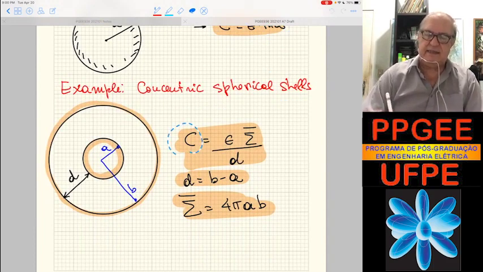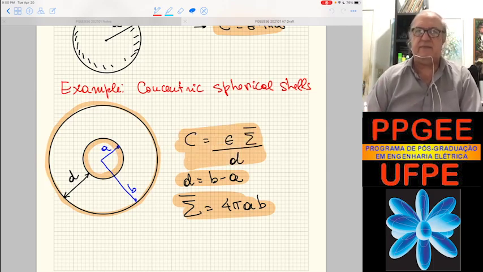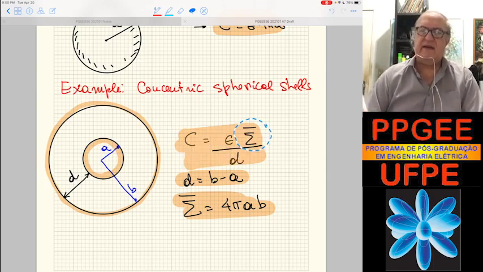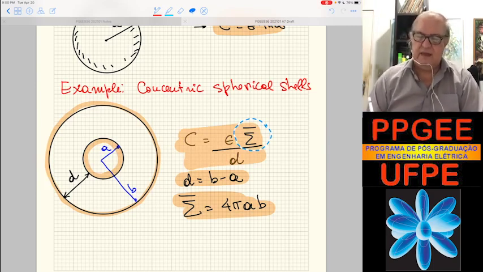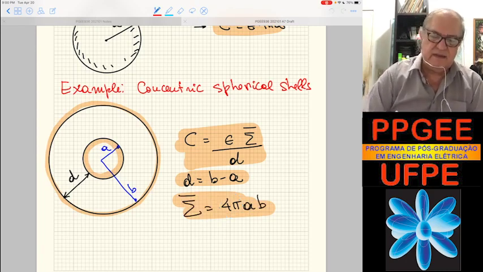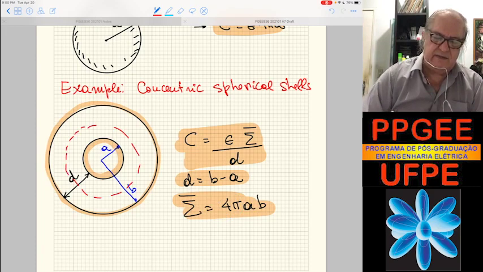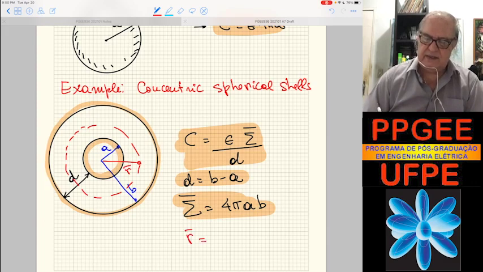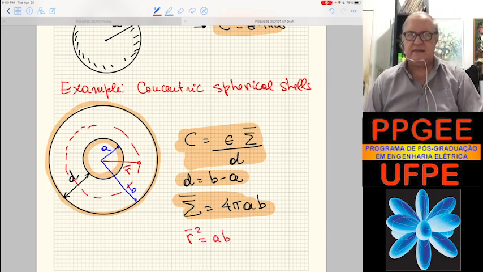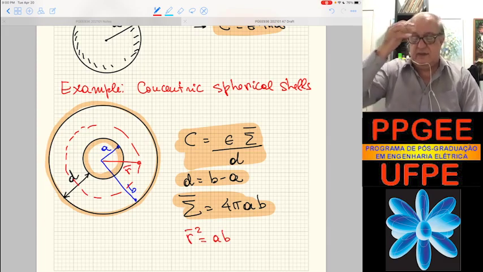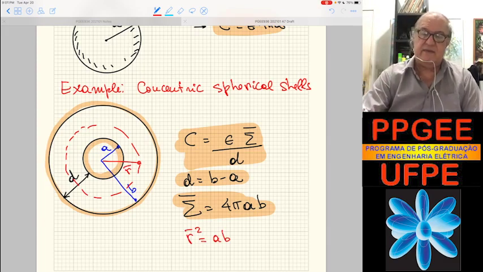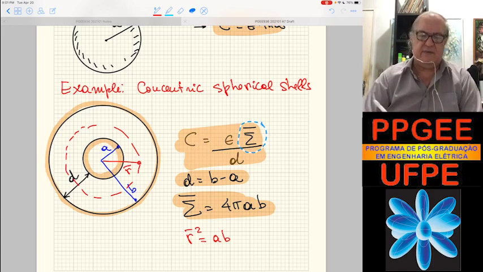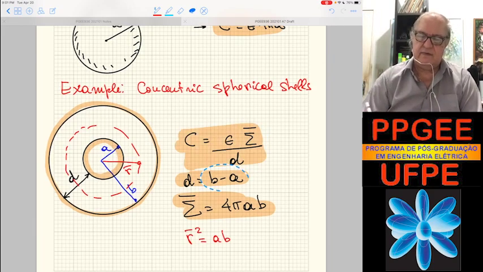You can show that the capacitance is very similar to that of the planar capacitor, but we have here an effective area, which is the area of a sphere of intermediate radius, a bar, which is the geometric mean between A and B. So the result is that the capacitance of the spherical capacitor is epsilon times the effective area over the separation D, which is B minus A, right?